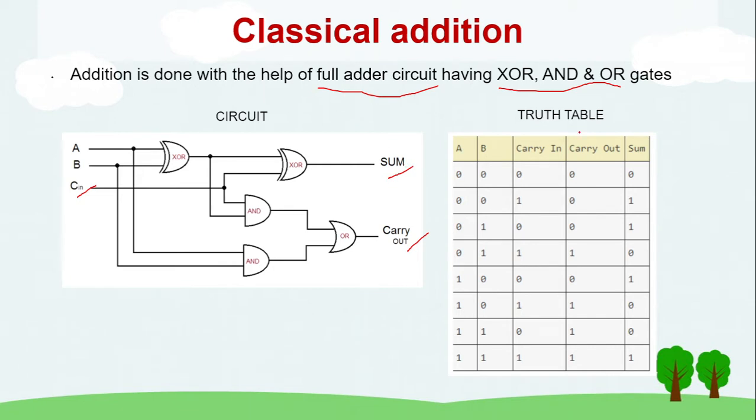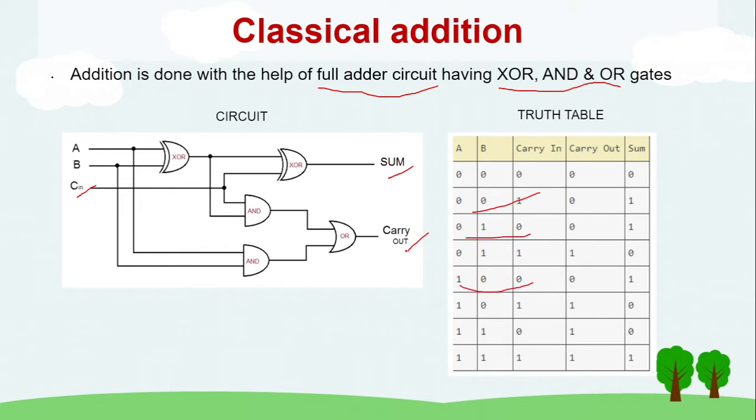So this is the truth table. Again, you are familiar. When all the bits are 0, you will see the sum also 0 and carry out also 0. When any one of them becomes 1, sum alone will be set, like 0 0 1, 0 1 0, 1 0 0.